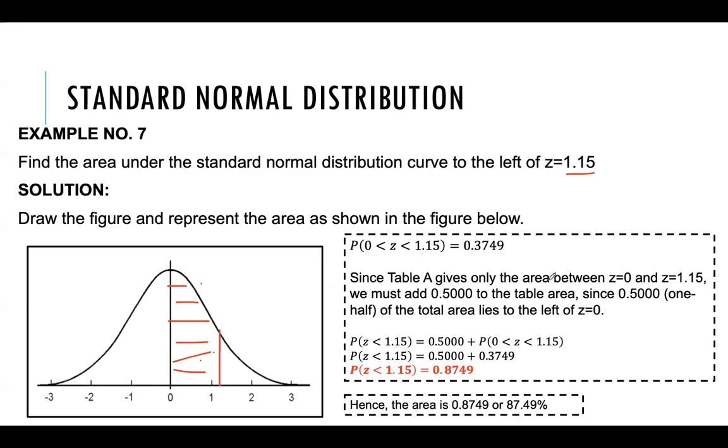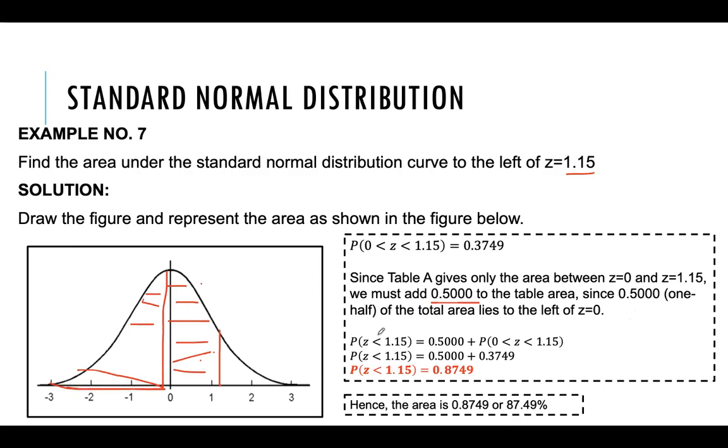So we must add the 0.5000 to the table area, since the 0.5000 is 1/2 of the total area that lies to the left of z value of 0. Ito yung sa left ng z value of 0.